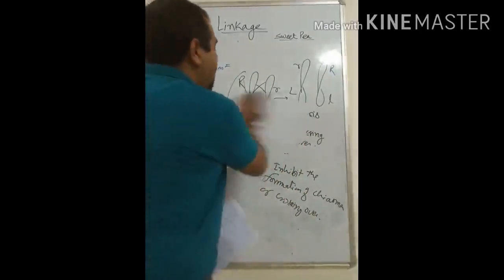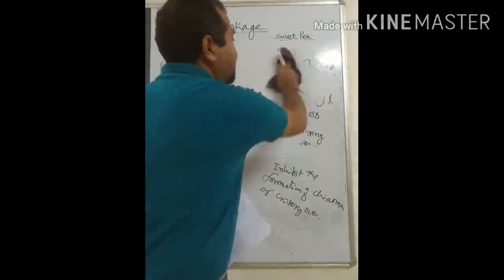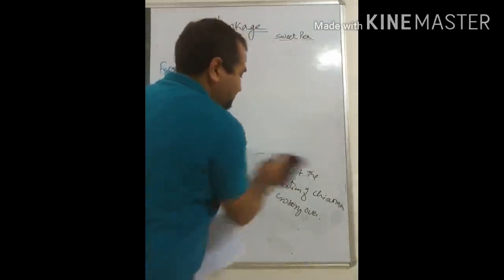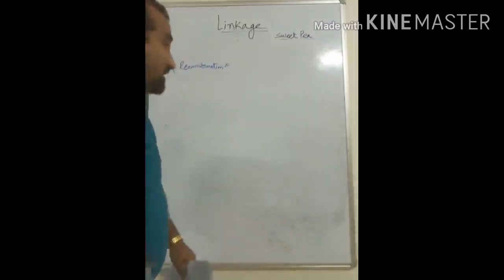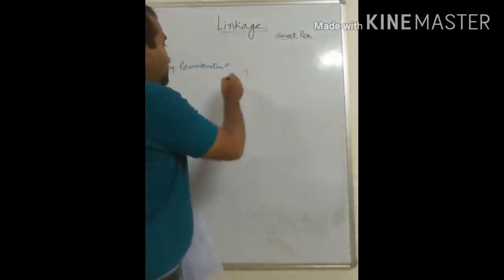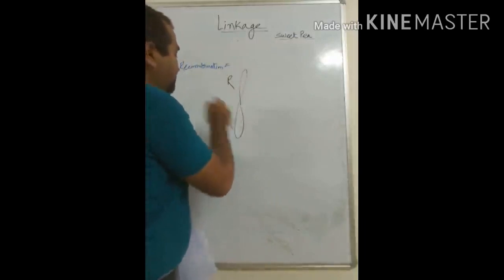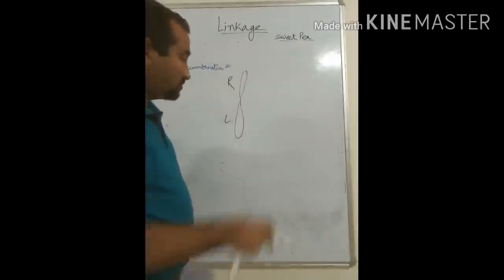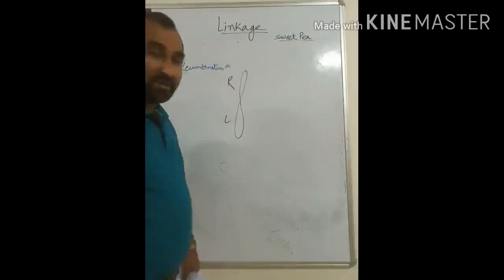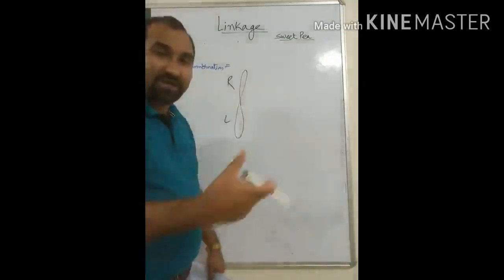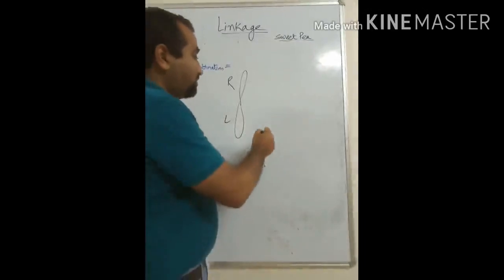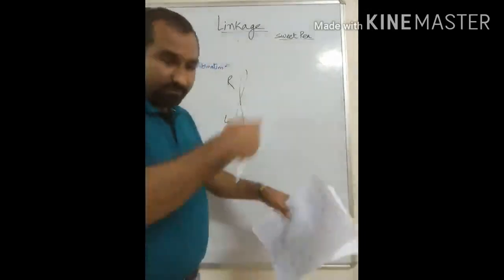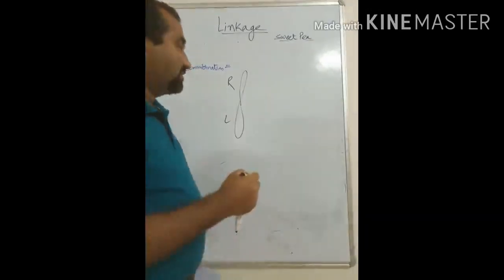And how can we observe the distance between these two genes present on the same chromosome? As we don't have any direct method to observe the distance between both genes, it is observed in an indirect way.